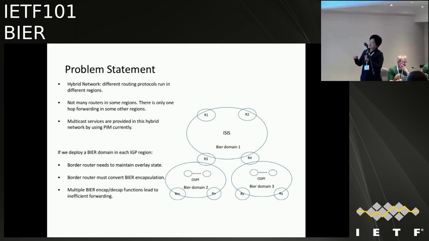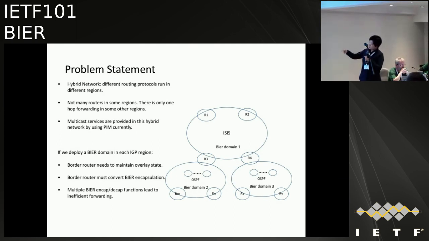Multicast service is provided in the network now by using PIM. But if we want to deploy BIER in this network, from the existing protocol we know that we can deploy a BIER domain in each IGP region. So in this network, we can build 3 BIER domains.